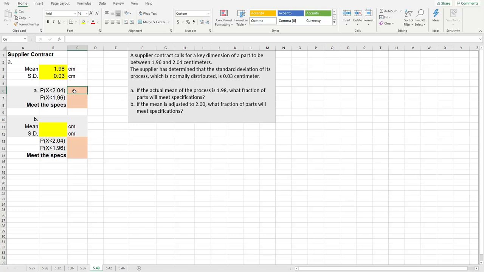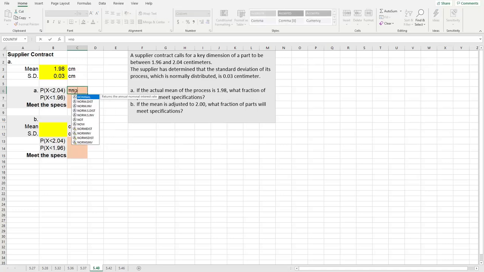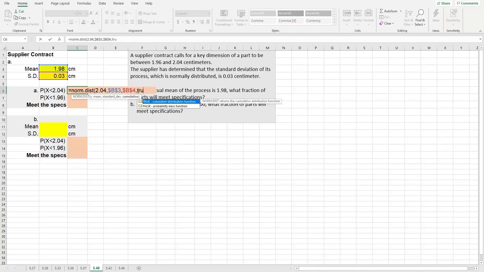So now, like before, in order to calculate probability of getting in between 2.04 and 1.96, we need to find the individual probabilities of 2.04 and 1.96. So now norm.dist, where 2.04, our mean, our standard deviation, and cumulative set to true.